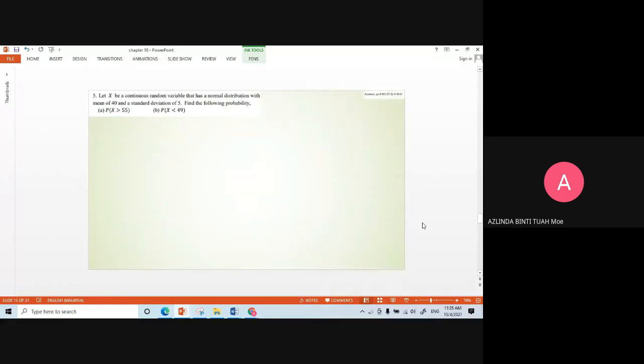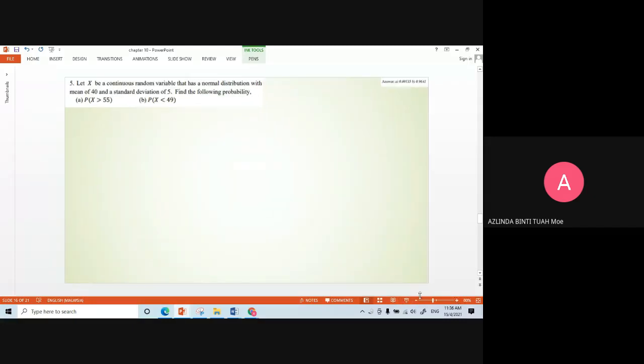The next example, number 5. Let x be a continuous random variable that has a normal distribution with mean of 40 and standard deviation is 5. Find the following probability. Okay, remember the 4 steps. Number 1, we have to write down the notation for normal.